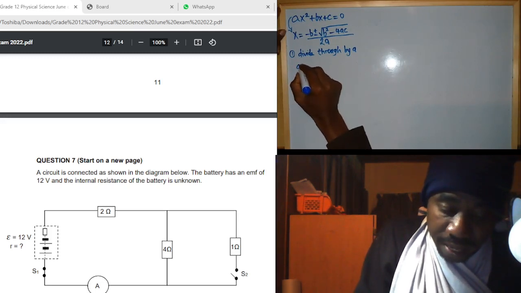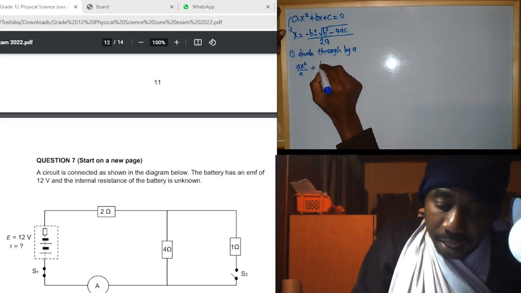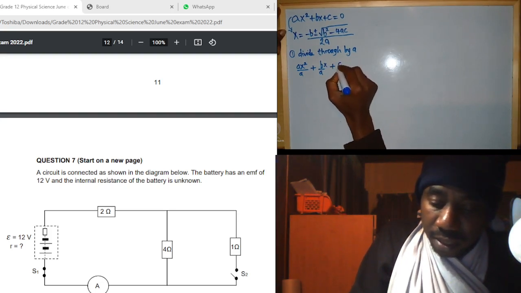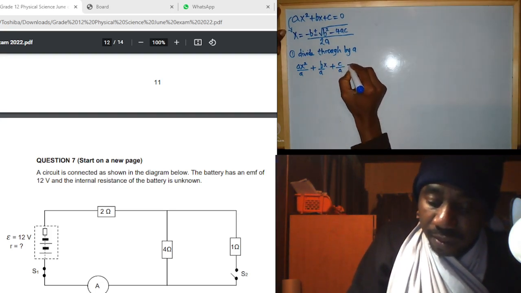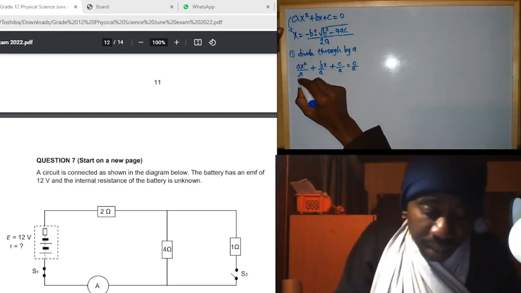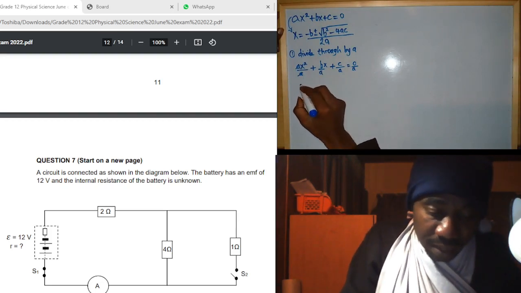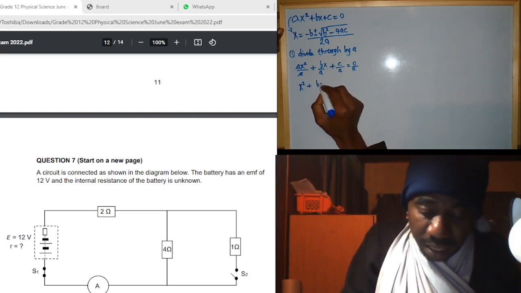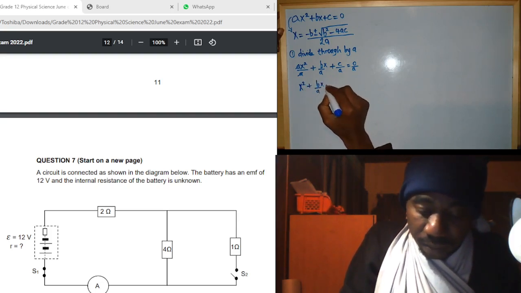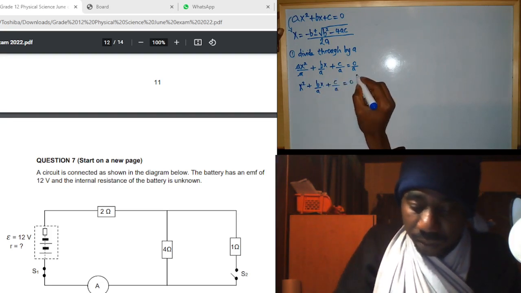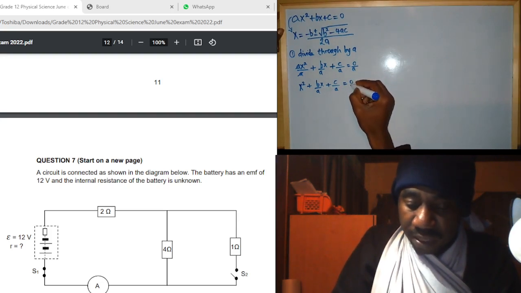So we have ax squared divided by a plus bx divided by a plus c divided by a equals 0 divided by a. Now this a cancels out a, then we are left with x squared plus bx over a plus c over a equals 0. 0 divided by a is 0.